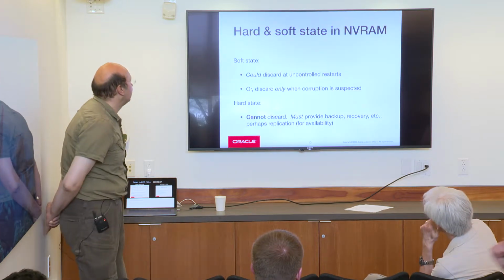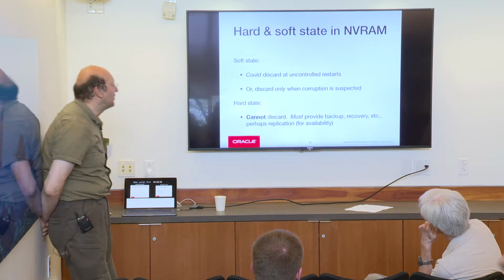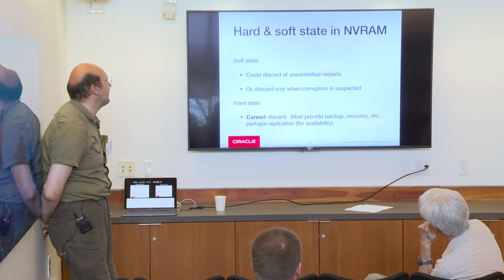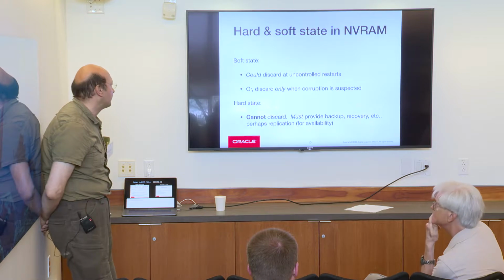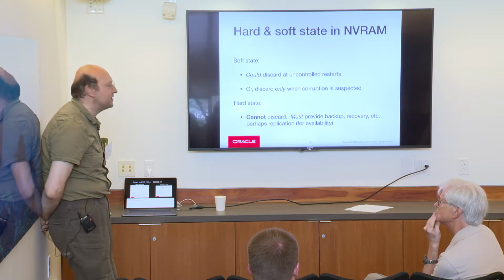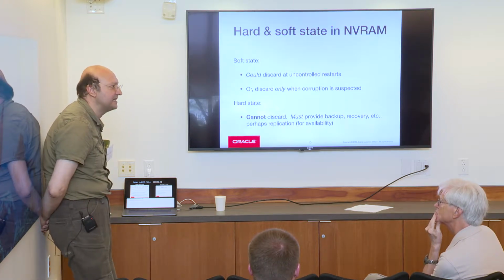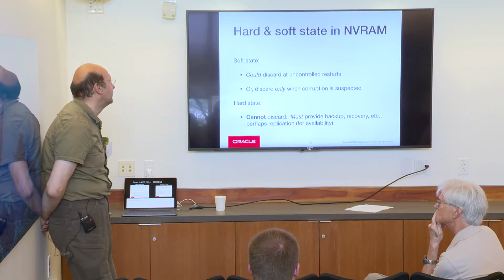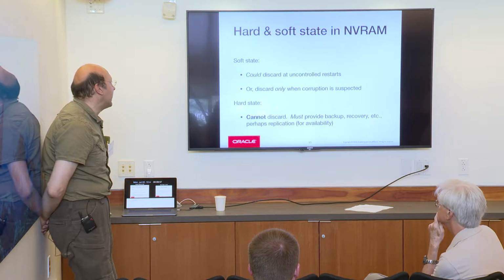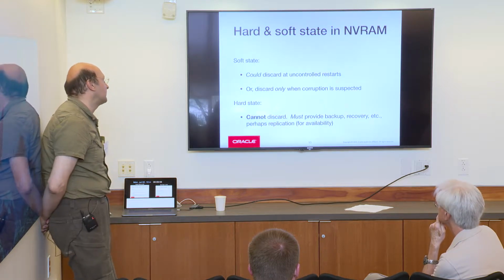So as opposed to going for the straightforward persistence by reachability method, I've adopted the scheme that Bill designed for NVM Direct, which is partitioning the world into different regions that are separated by hard boundaries, and using that to address this hard state, soft state issue.